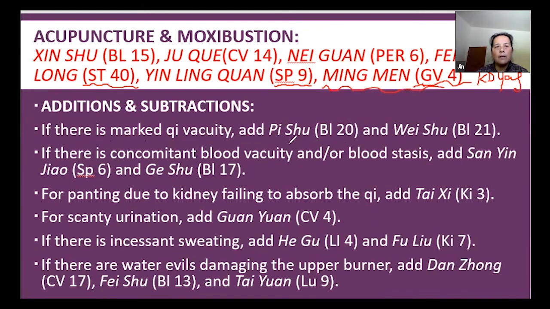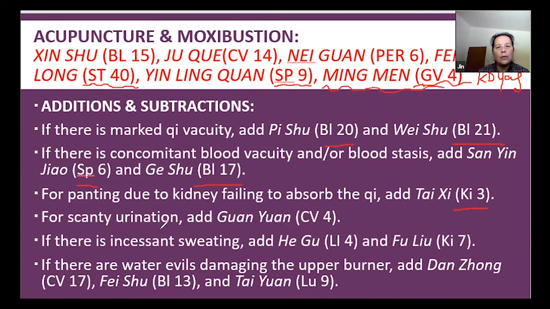So for qi deficiency, we go to the back shu points of the spleen and the stomach. And for blood deficiency, we can go to spleen 6 and bladder 17. And for asthma or short breath due to the kidney not being able to absorb qi, we go to the yuan source points of the kidney.